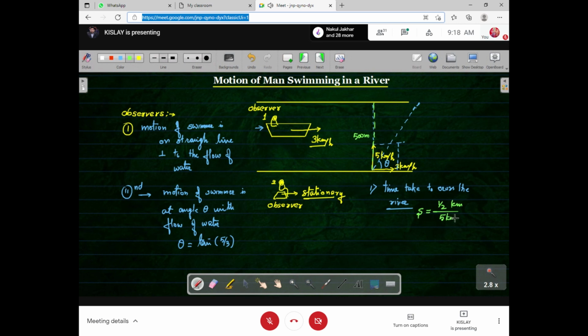Are you getting the point? That is 1/10 hours, which means 6 minutes. Means person will cross the river in 6 minutes. Is it clear, bete? Yes, sir. Good. Now the question is how long it will move in the direction.